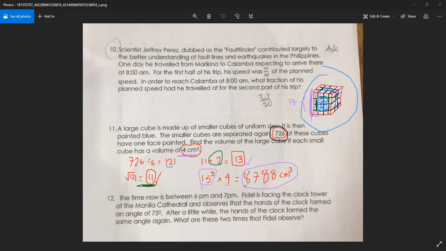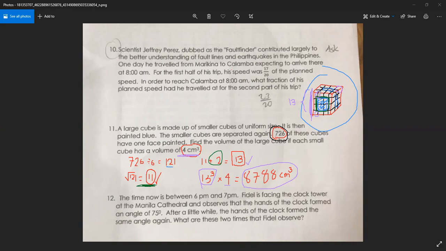Oh, wait. How's 11 the side again? How's 11 like the side of the stuff in the middle? Okay. Wait lang, just going to change the color. Okay. Looking at this part, di ba, the area of this part is 121, correct?